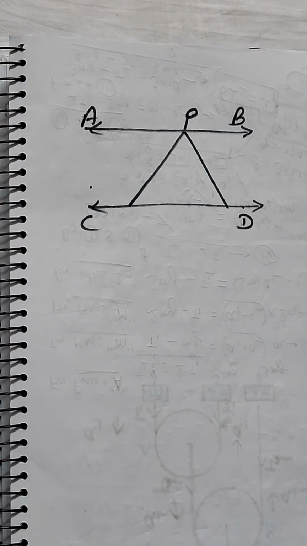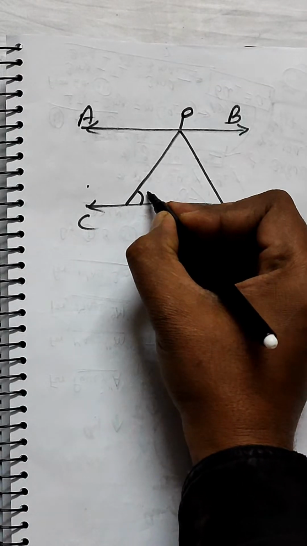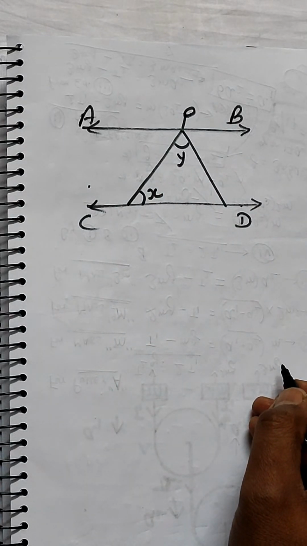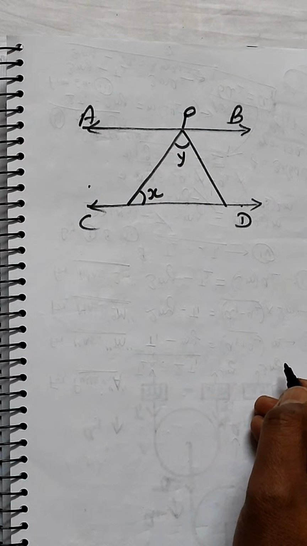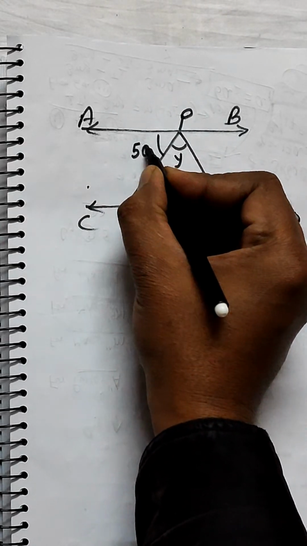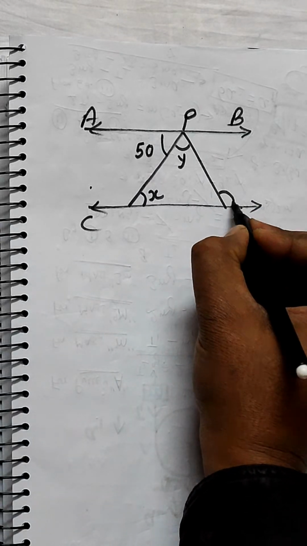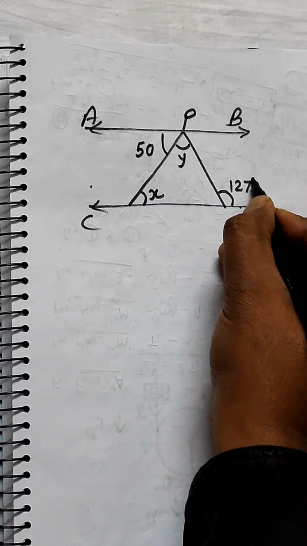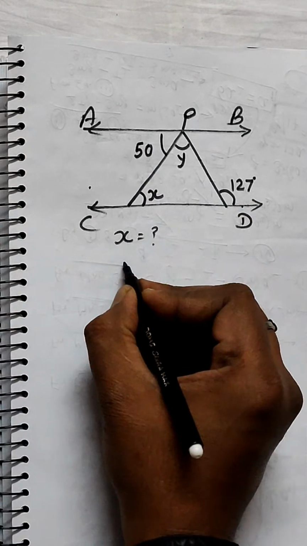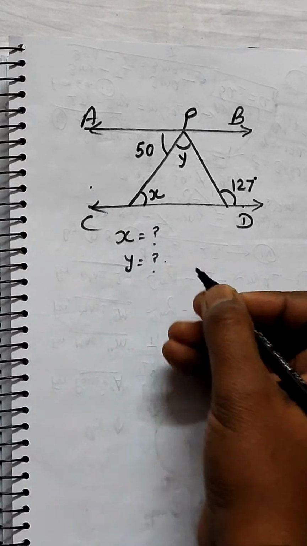Now we need to find the value of x and y, where this is x and this is y, and 50 and 127 are given as these angles. These angles are given as 50 and this angle is given as 127.